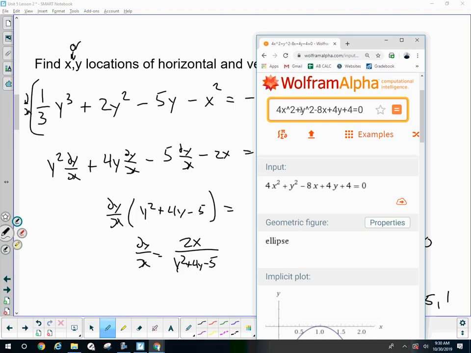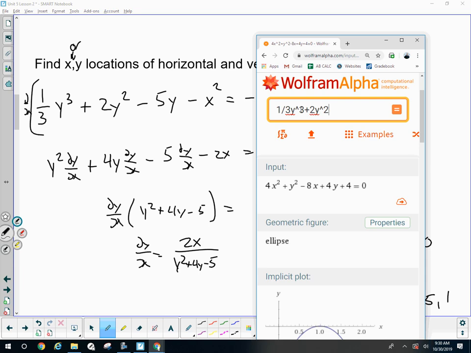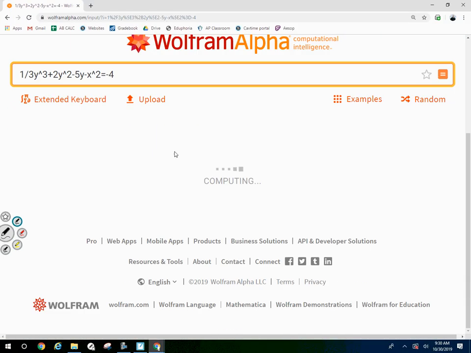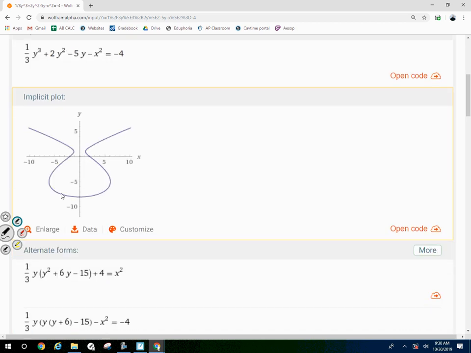If you graphed 1/3 y cubed plus 2y squared minus 5y minus x squared equals negative 4, it's a cool looking graph from what I remember. Ends up looking like the thing in the back of your throat.